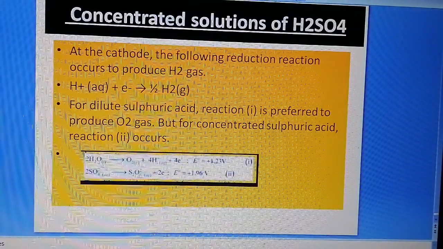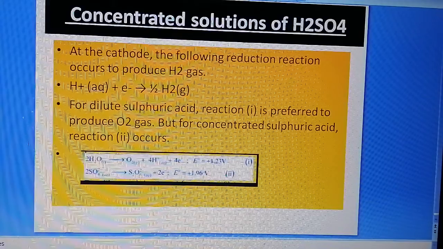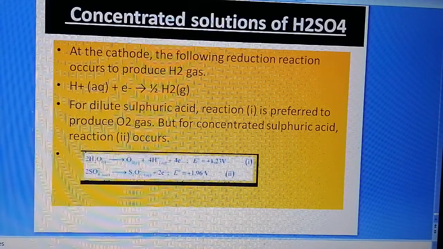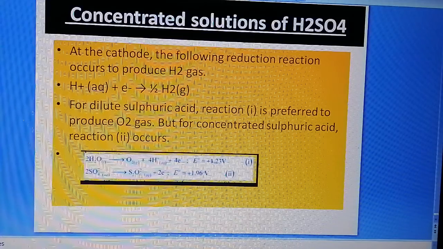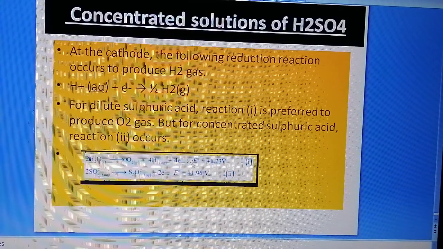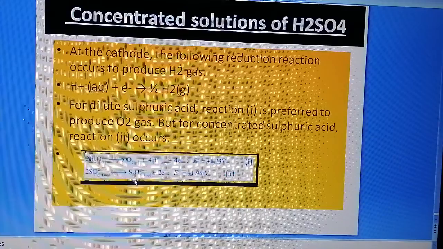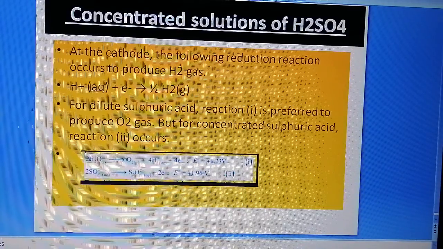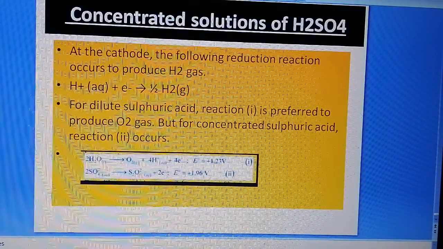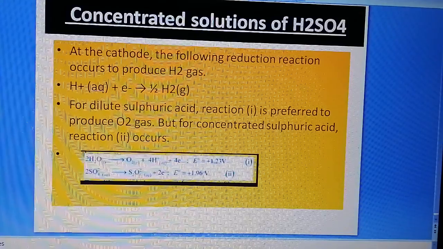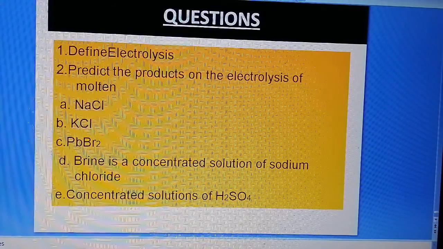And if you do the solutions of sulfuric acid, you can see here at cathode hydrogen is produced, and if it is dilute, you will get oxygen, and if it is concentrated sulfuric acid, you will get the second reaction. Now you can see the questions given here and try to solve that.